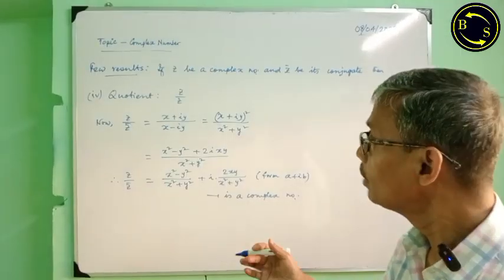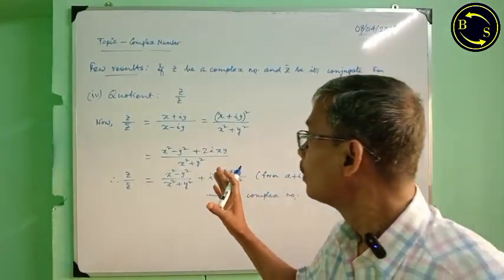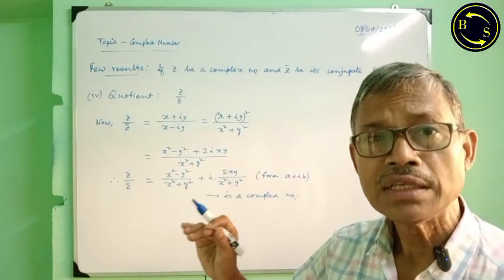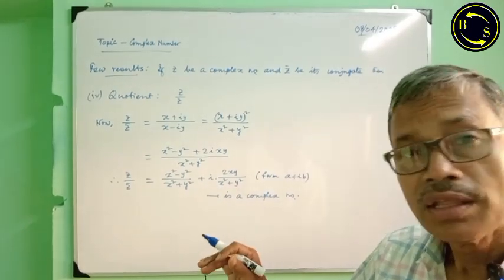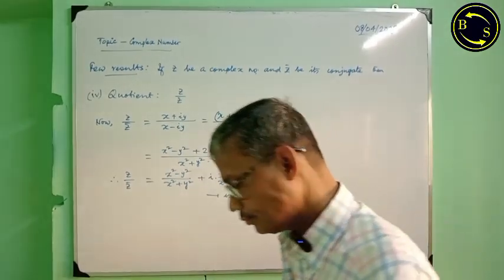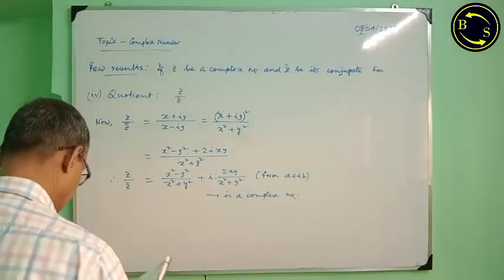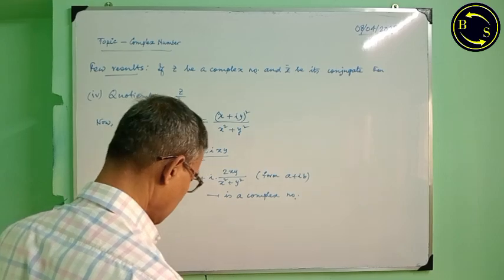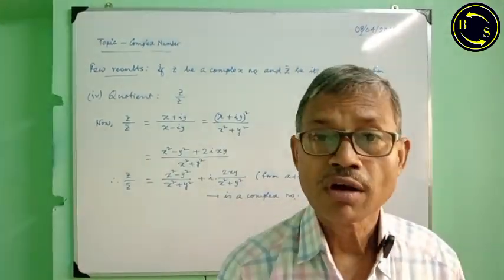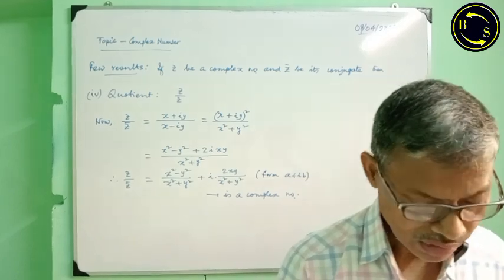Similarly, we can calculate conjugate of z by z, that will also be a complex number. Thus, these are the results related to a complex number and its conjugate.